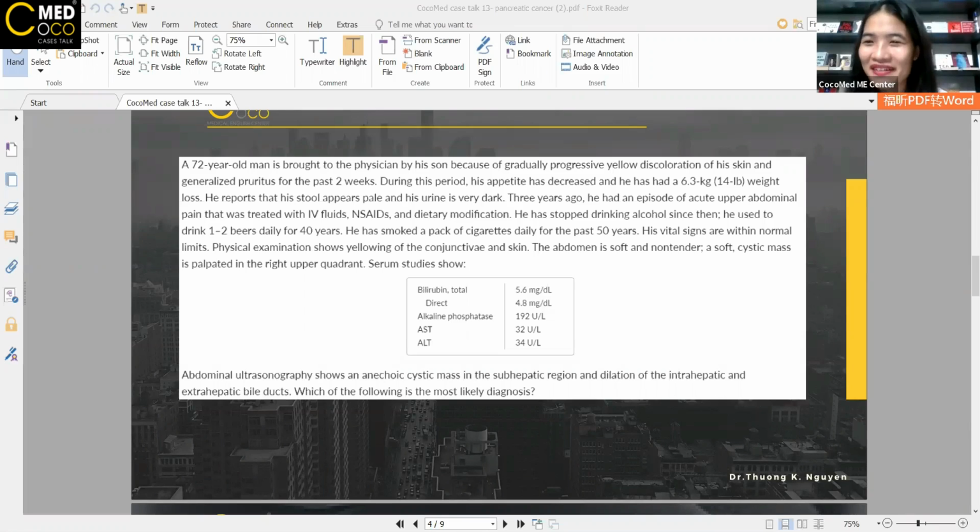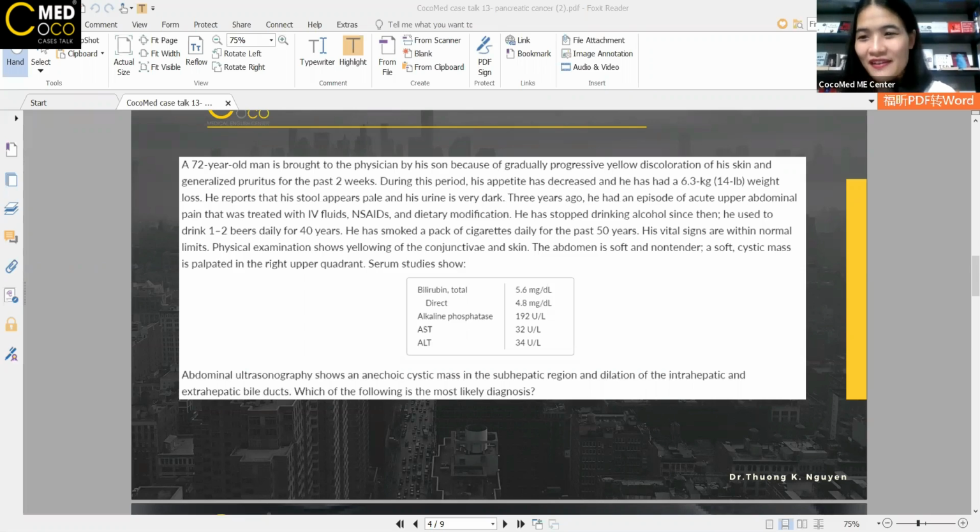Yes, that's the gallbladder. Yeah, this is the first I think. Yes, because we have the dilation of the intra and extrahepatic ducts. So it means that maybe the gallbladder is the same. Yeah, it's distended. We call it a distended non-tender gallbladder.